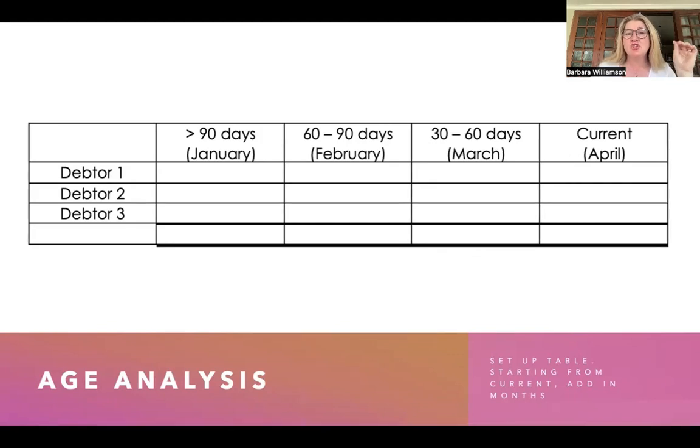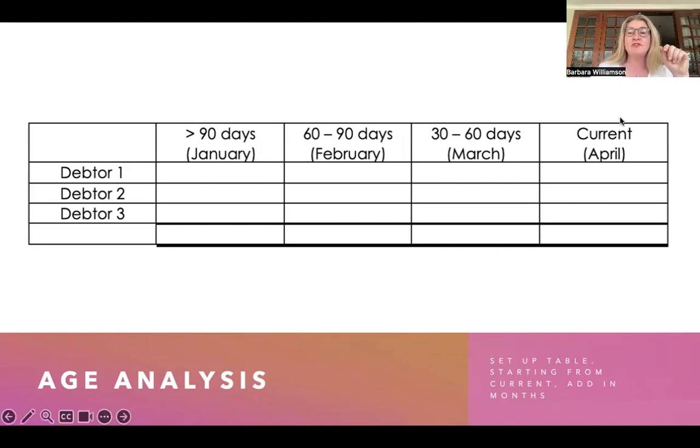If the date is the 30th of April, that means April will be my current month, assuming my terms are 30 days. Current means that these entries took place within the current terms, and they are not yet overdue.